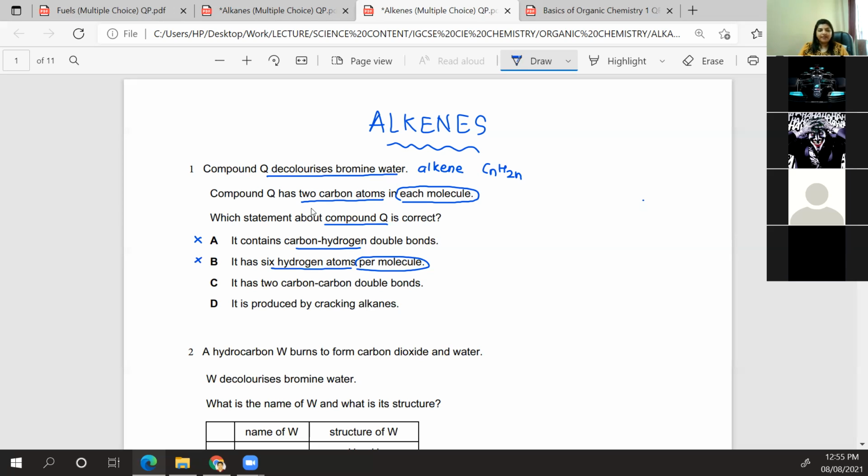So this is an incorrect statement. It has 2 carbon to carbon double bonds, even that is wrong. Whether it's a 5 carbon atom alkene, it will always have 1 carbon to carbon double bond. So this statement is incorrect. And the D option is it is produced by cracking alkanes. Yes, this is possible because one of the methods of preparation of alkenes is cracking of alkanes.